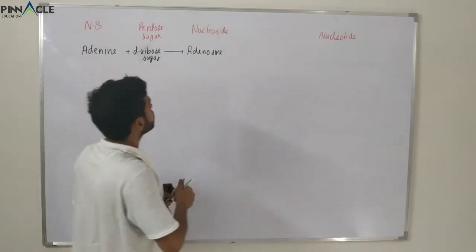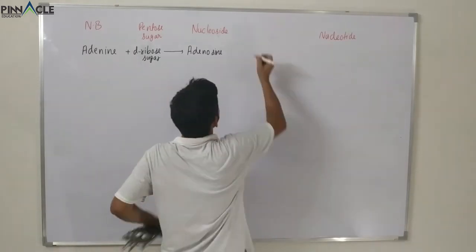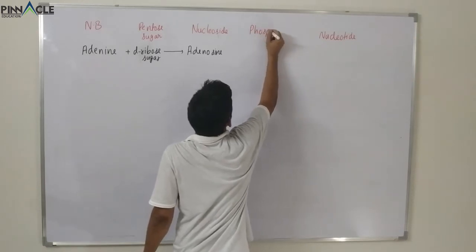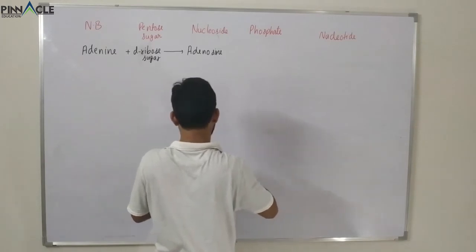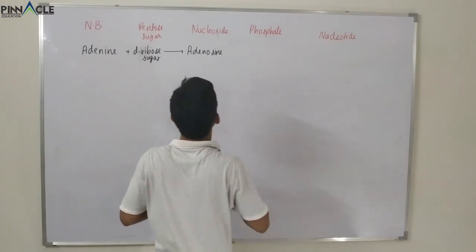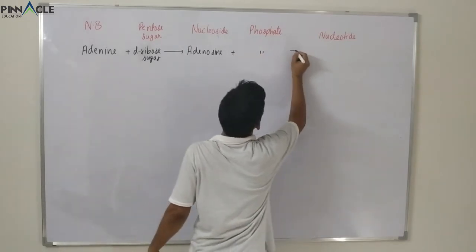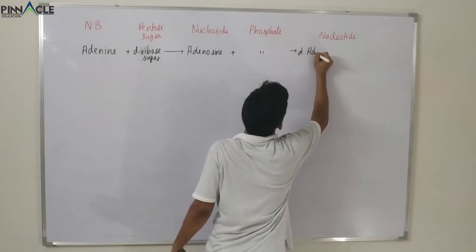When this adenosine combines with a phosphate group, it will form a monophosphate. When this is combined with phosphate, it will form deoxyadenosine monophosphate.